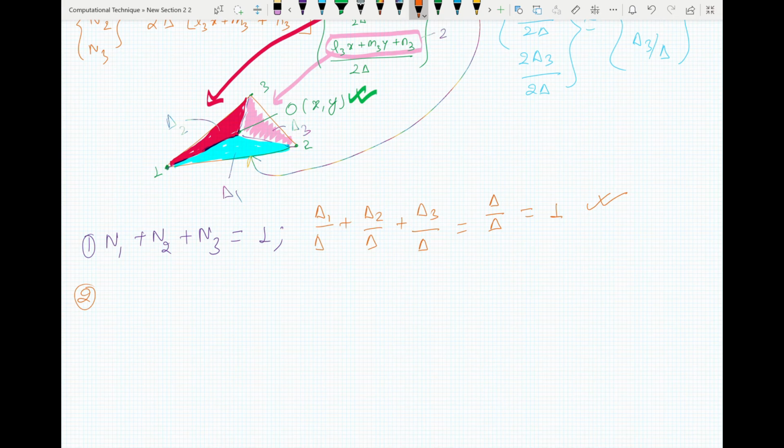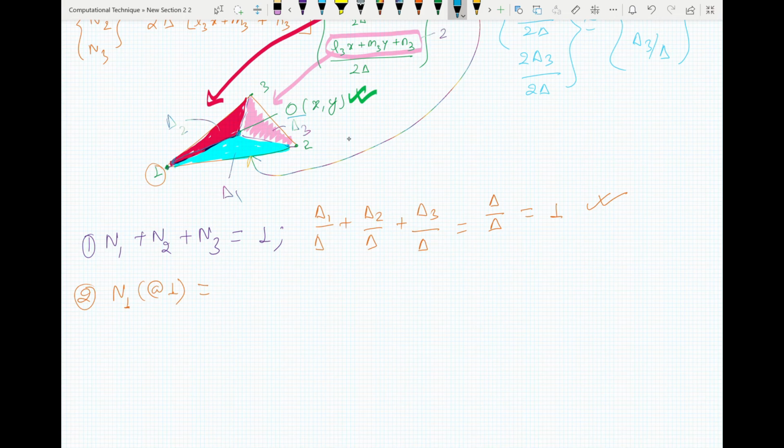Now let's look at the other condition. Let's take the shape function for our coordinate 1. We have n1, and let's find the value of n1 at 1. For this case, your point O moves from here to here.